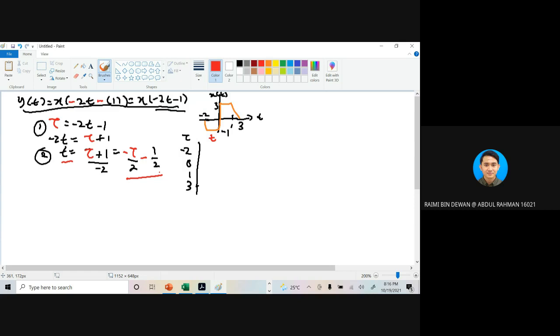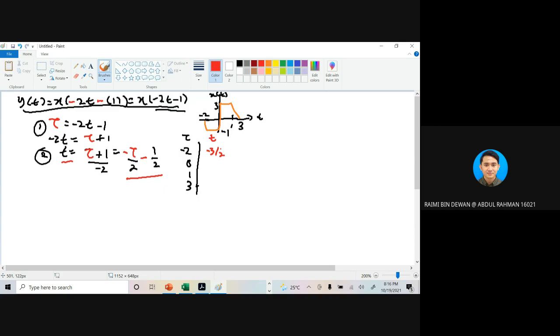Negative 2 minus 1 over 2, so it will be negative 3 over 2.